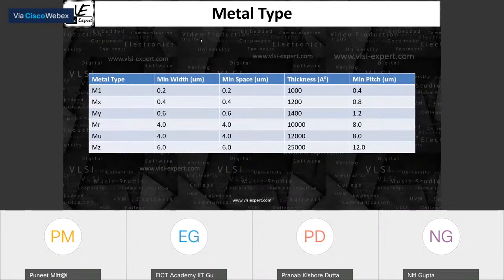You can see the numbers which are provided by the foundry, and how the numbers change from metal 1, metal X, metal Y, metal R, metal U, metal Z. So these numbers change in this particular fashion. You should just have an idea of how things are.